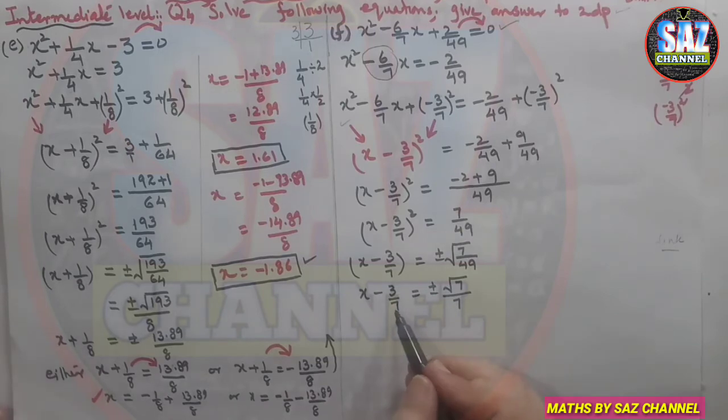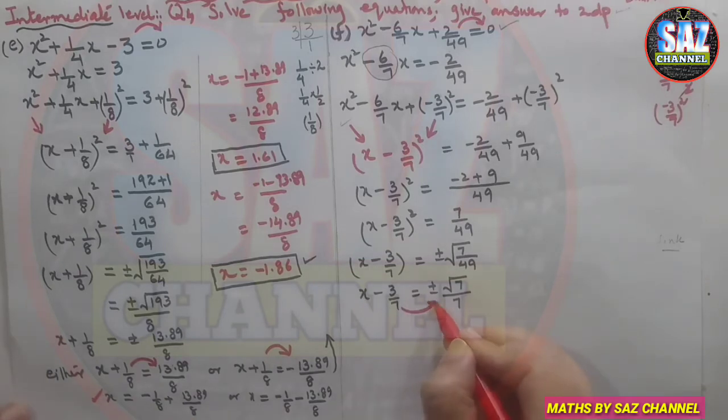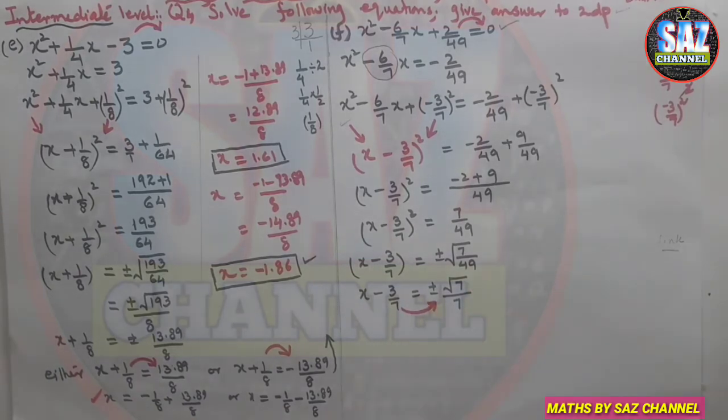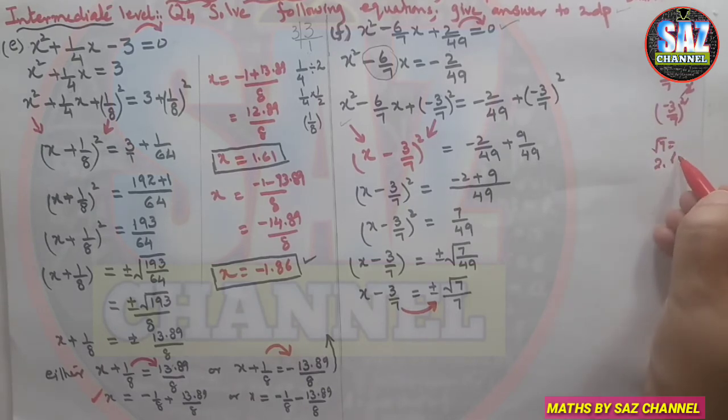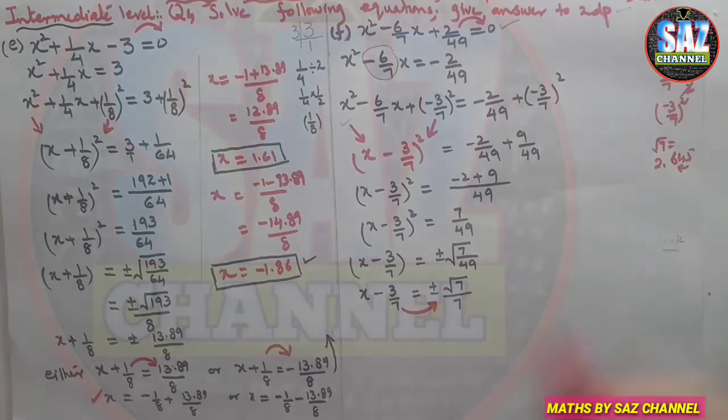Now, in order to get the value of x, shift the constant to the other side and check the value of under root 7. Under root 7 will be 2.645, so I will take 2.65.